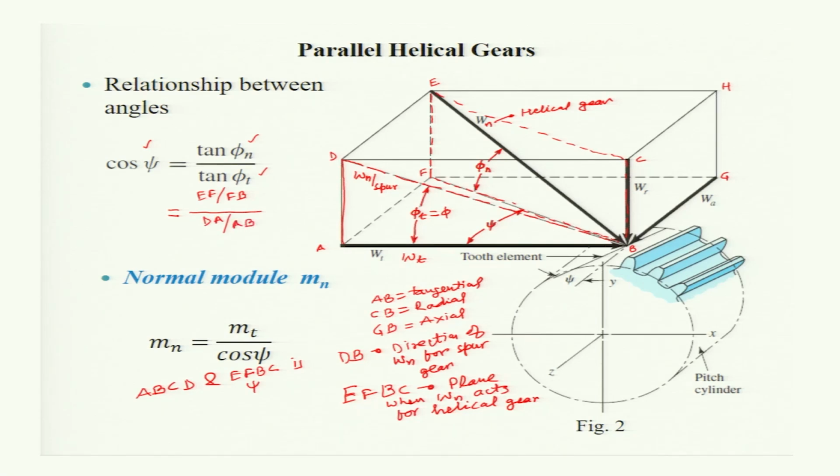and it is clear that dA is equal to EF. So this and this will cancel and you will have AB divided by FB. Now, where is AB? This is AB divided by FB, this FB, isn't it? This is 90 degree.